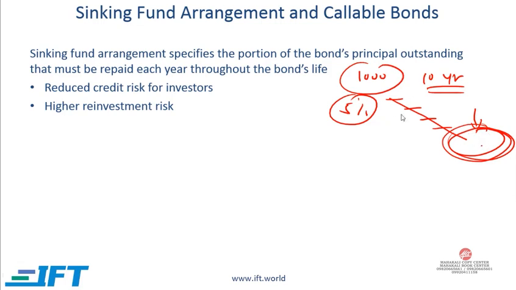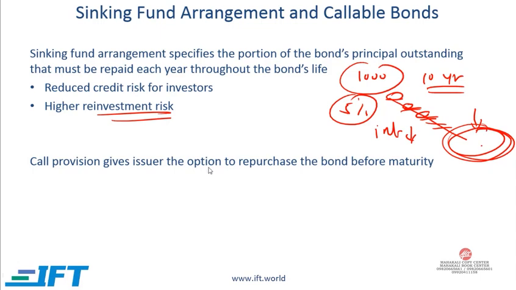If the issuer is making these payments along the way, then from an investor perspective, there is less credit risk. But less credit risk means that there is higher reinvestment risk, because now the investor is getting money back sooner and has to reinvest the money. If interest rates come down, then the investor has to reinvest at a lower rate.